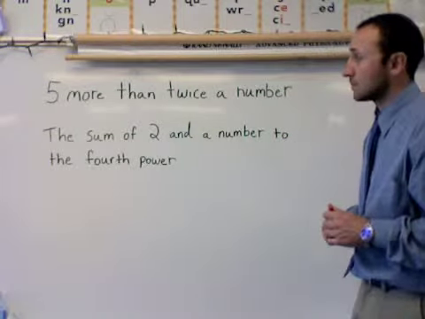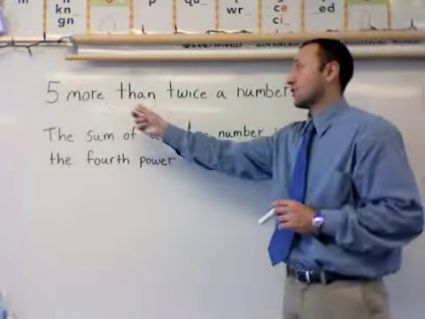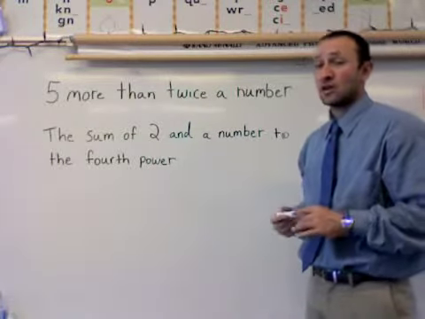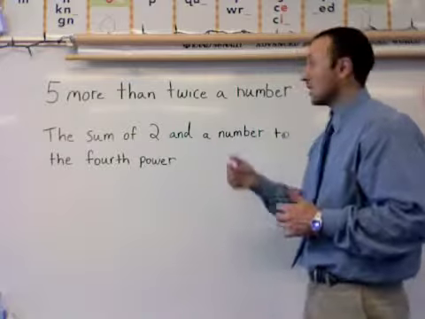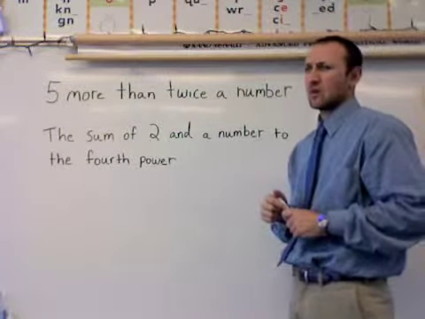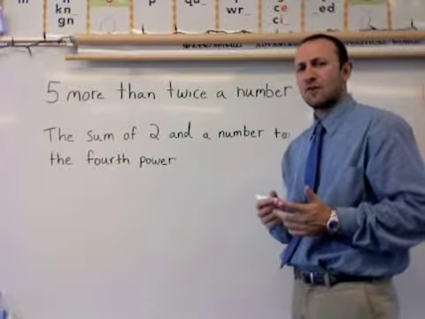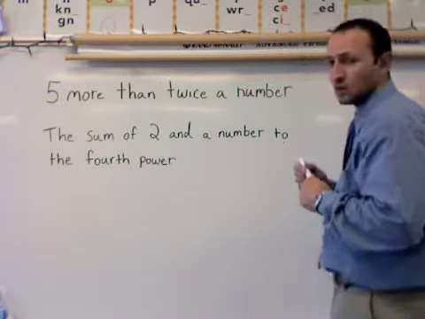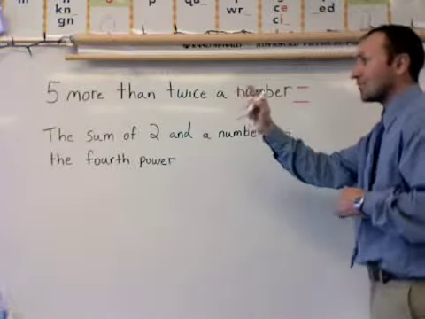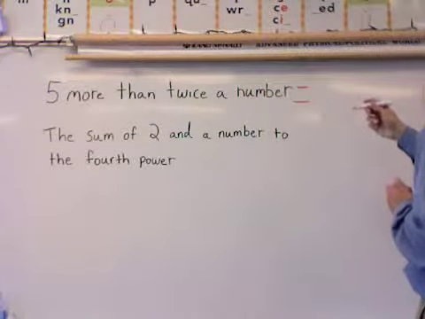Now back to the first one. 5 more than twice a number. That 5 more part, I'm already thinking that it's going to have addition in it. And since it said twice a number, I'm thinking that's going to be multiplication. And then I'm going to have a variable and have to multiply it by 2. So let's write this out as an expression. 5 more than twice a number.